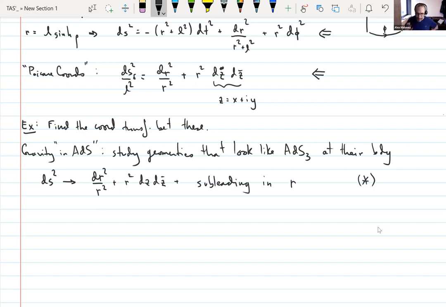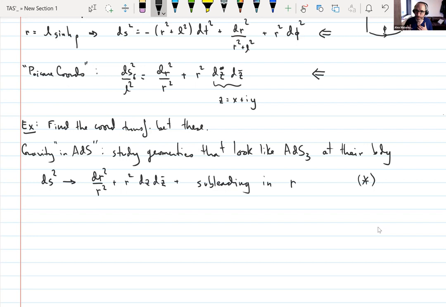But in any case, the point is that we need to specify precisely what it means to have an asymptotically AdS metric. In this case, it means that the metric takes that specified form plus terms that are subleading as r goes to infinity, and in particular that are constant as r goes to infinity.